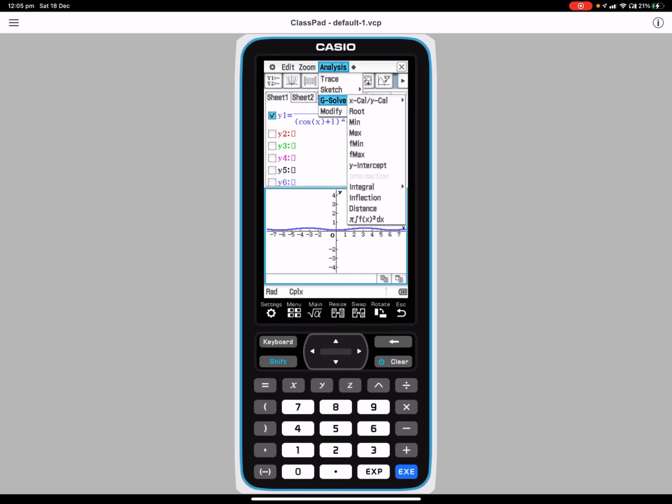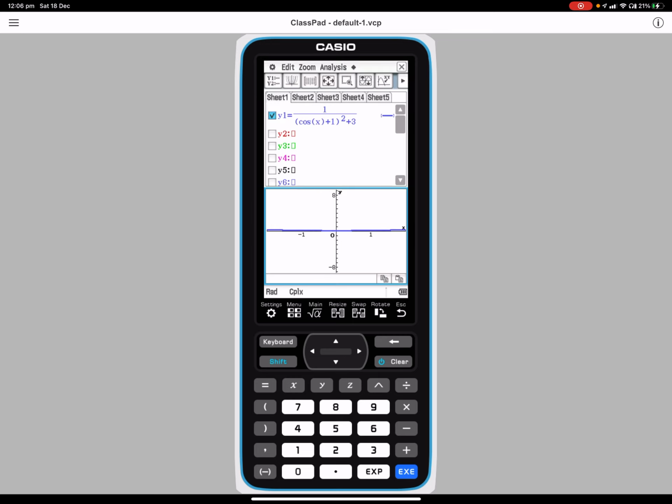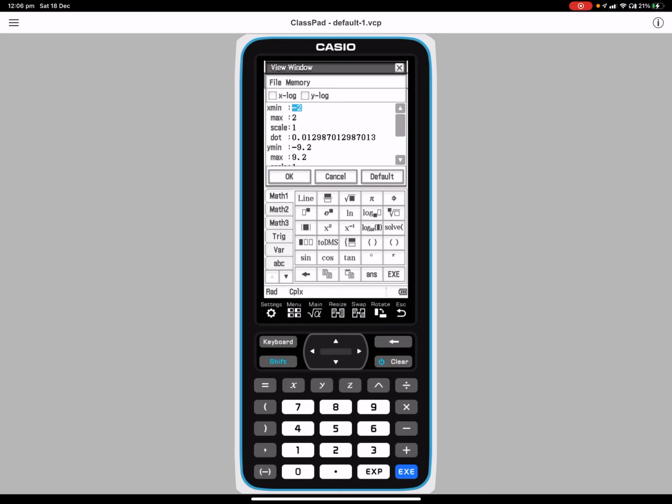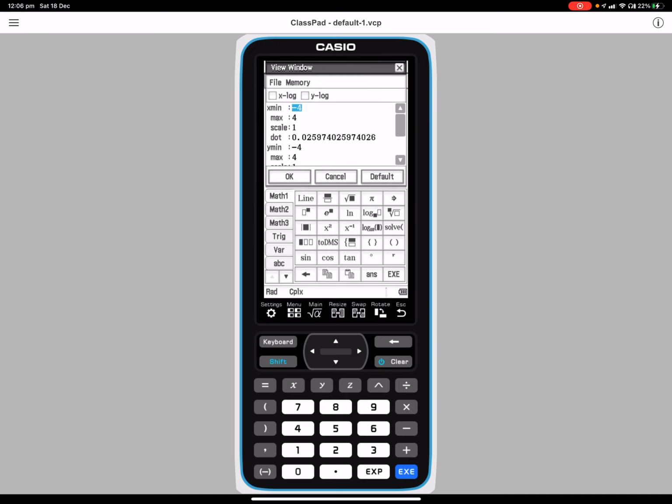Let's go max. So negative pi, zoom out. Let's go negative 2 to 2. What the hell just happened there? Oh, negative 2 to 2. What the hell am I doing? Let's go negative 12 to 12.